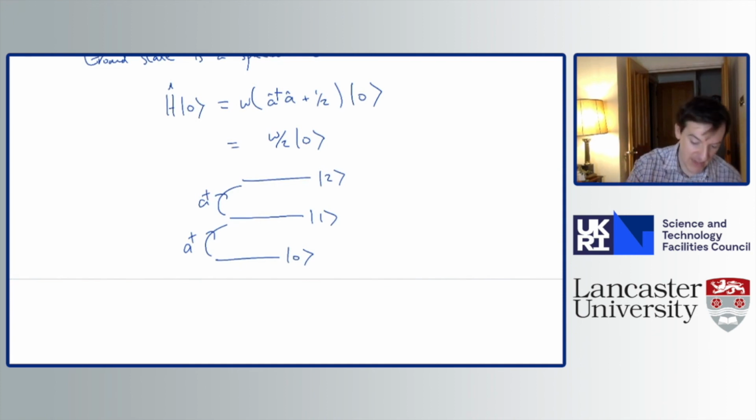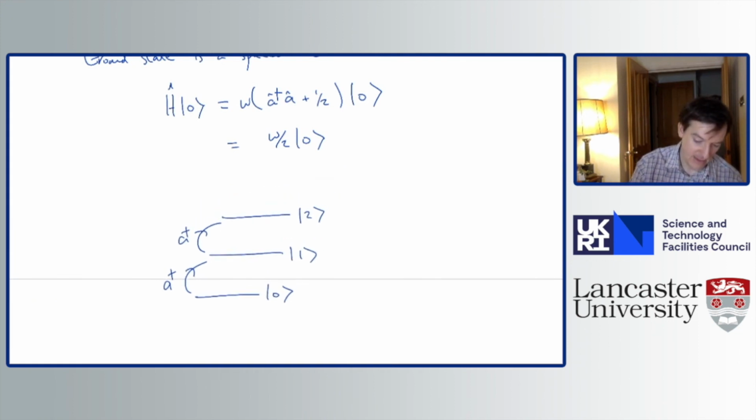So I have this infinite tower of states that I can find by using A dagger. Similarly, the operator A is the thing that brings me down this ladder of states. And I also know what the energies of these states are going to be. The lowest state has energy omega over 2.